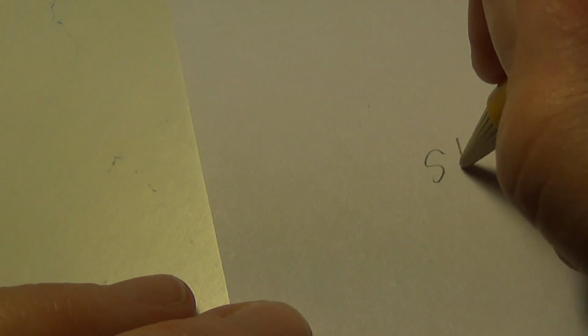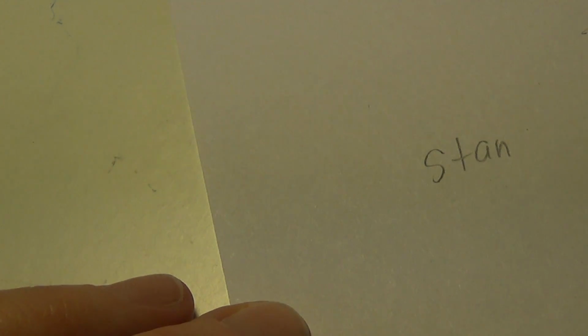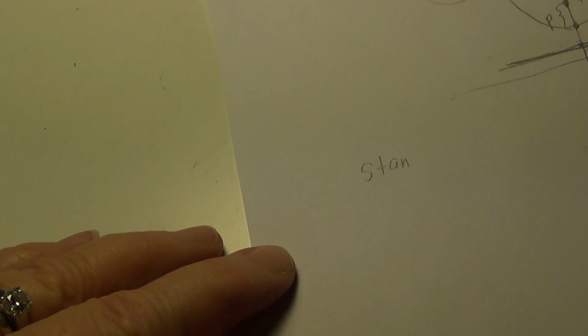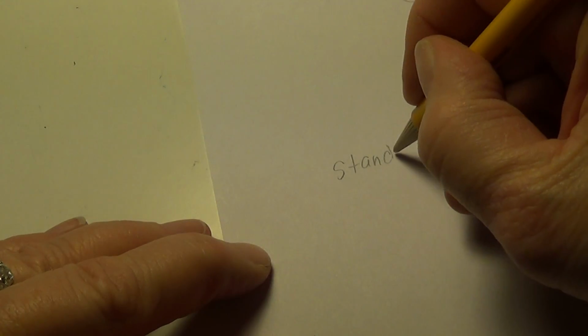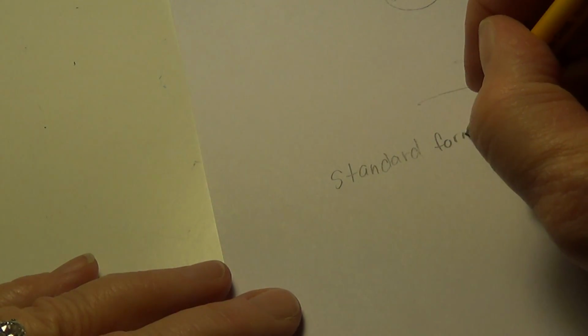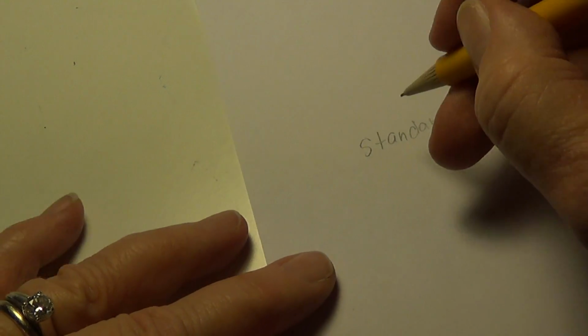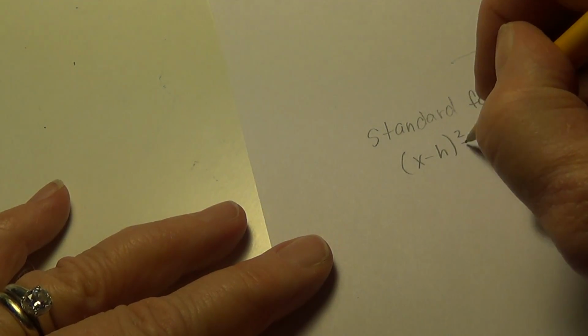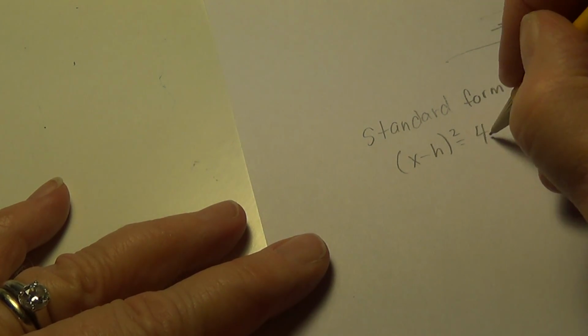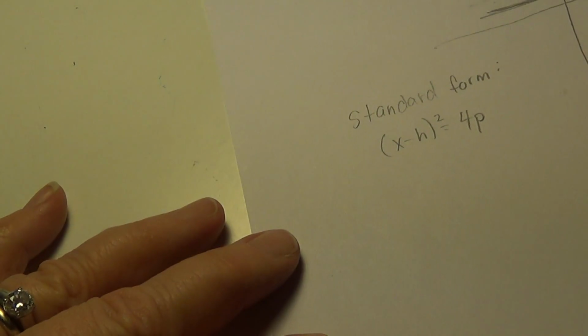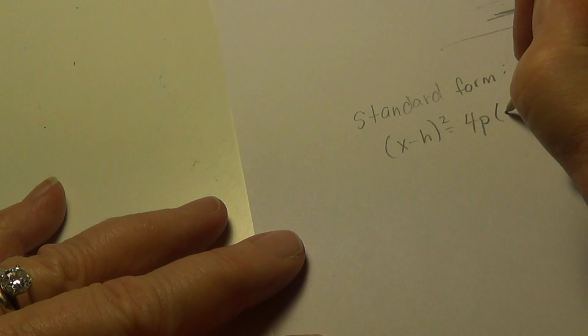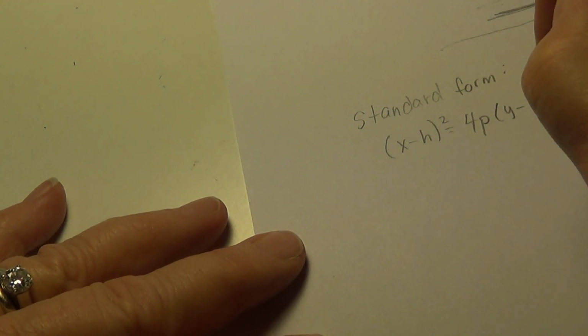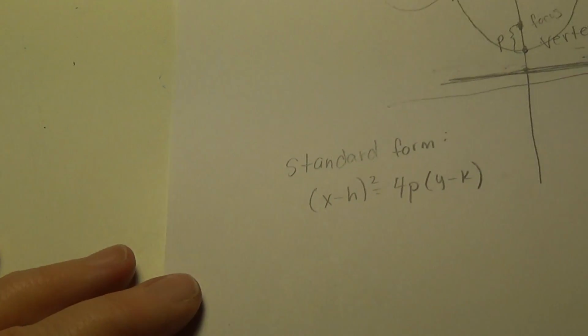Standard form is x minus h, there's Hector, squared equals 4p times y minus k, there's Kyle.